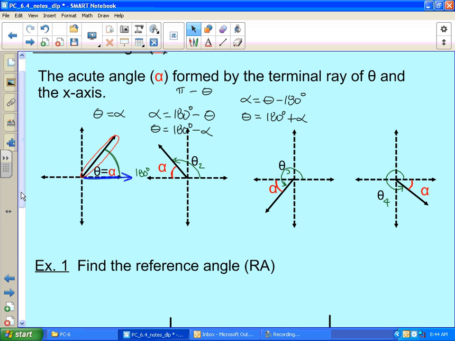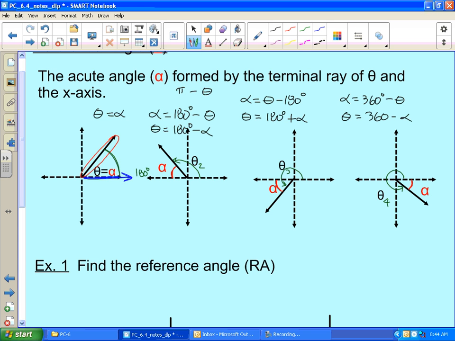So all of these have been calculated as being positive. So in quadrant 4, what's my rule? Finding the reference angle, 360 minus theta. And if I wanted to find theta, I would just simply do 360 minus alpha.